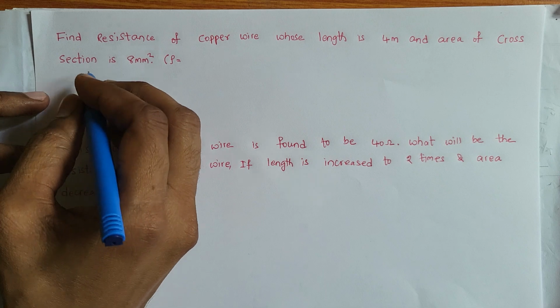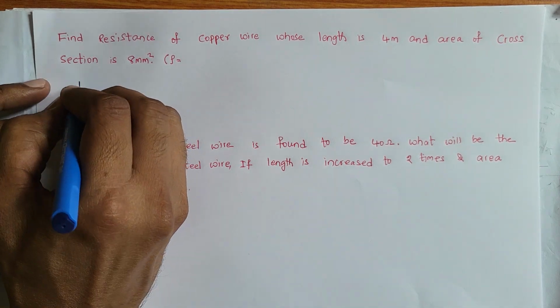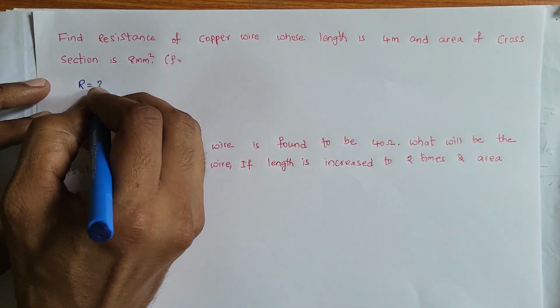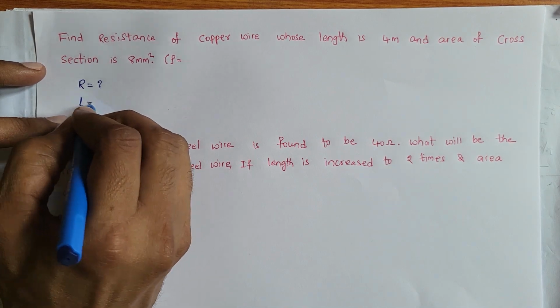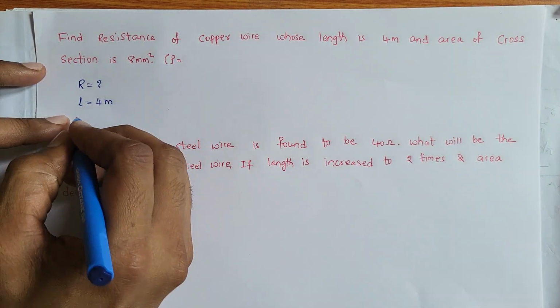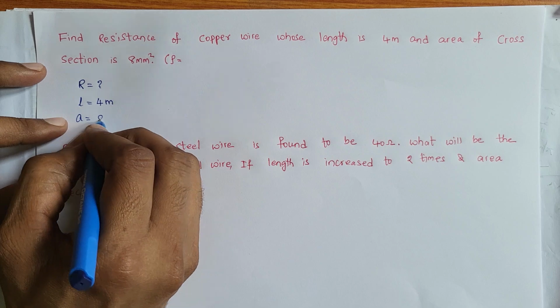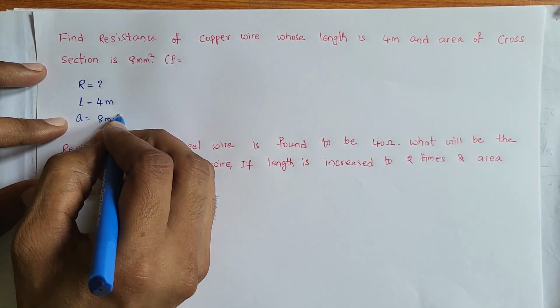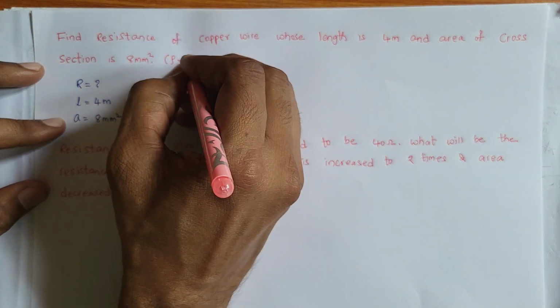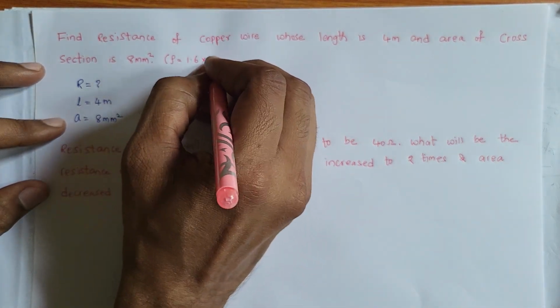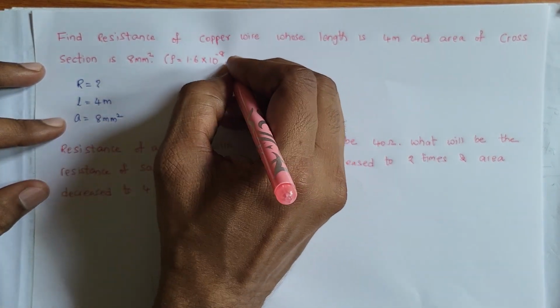Means we have to find out the resistance, correct? Resistance R is equal to question mark. They have given the length L is equal to 4 meters and area of cross section A is equal to 8 millimeters square, correct? Resistivity of copper will be around 1.6 into 10 to the power of minus 8 ohm meter.